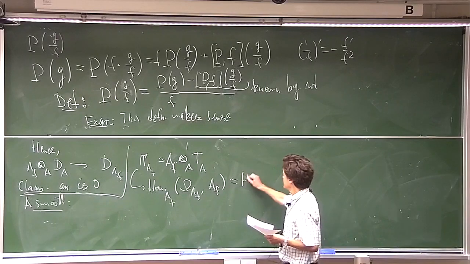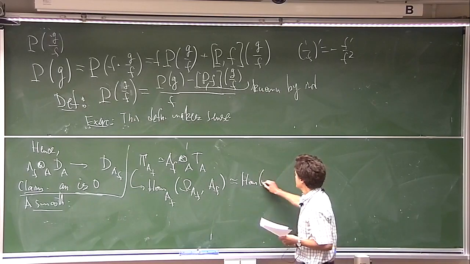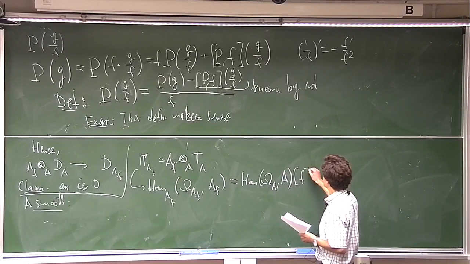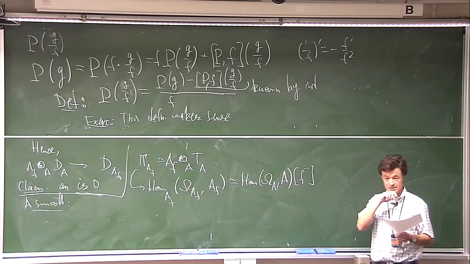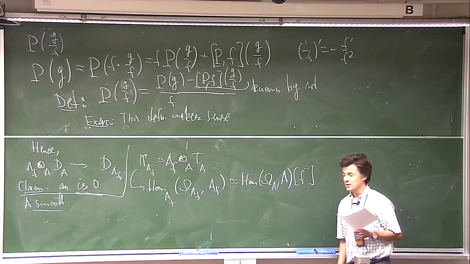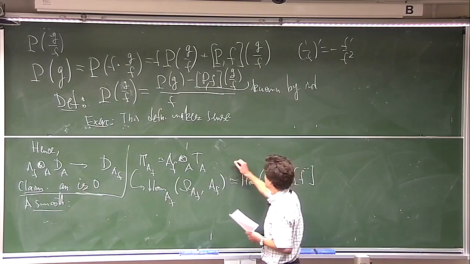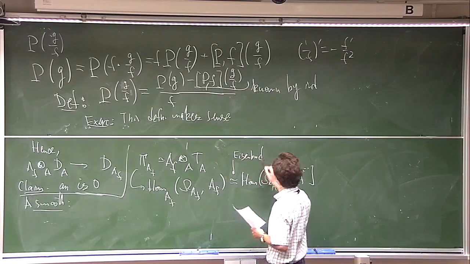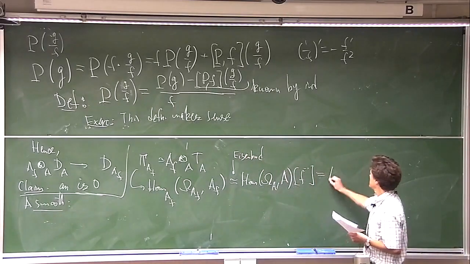So this space is a localization of this. It's a simple exercise in commutative algebra. But this is, so that is exactly what we want.